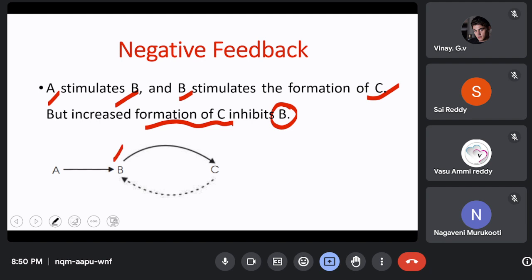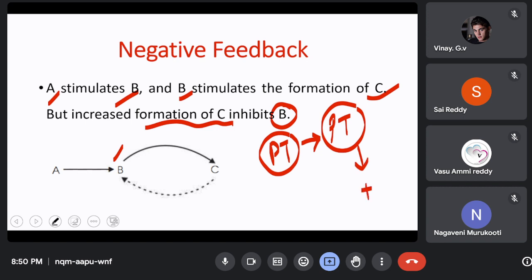There is a hormone, parathormone. How is this hormone secreted? By the parathyroid gland. So, the parathyroid gland secretes parathormone. What does it do? It increases the blood calcium level. Now, the increased blood calcium level influences parathormone.